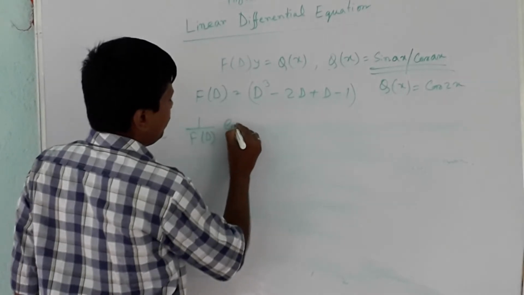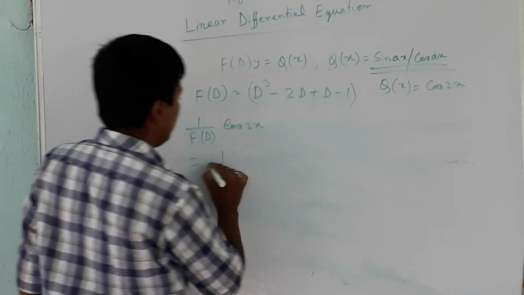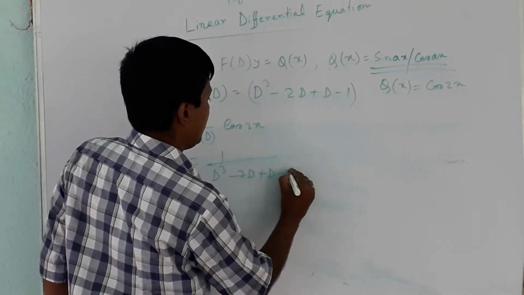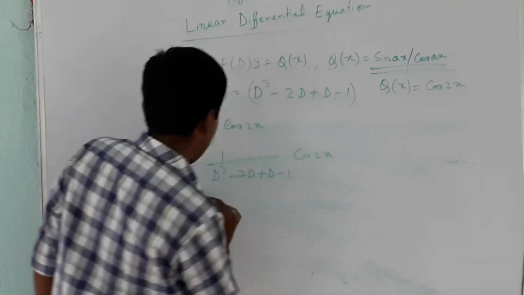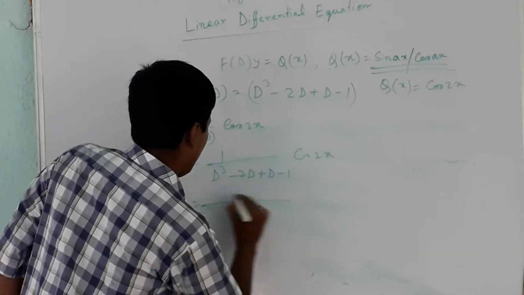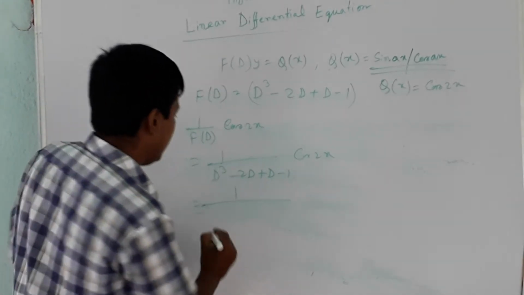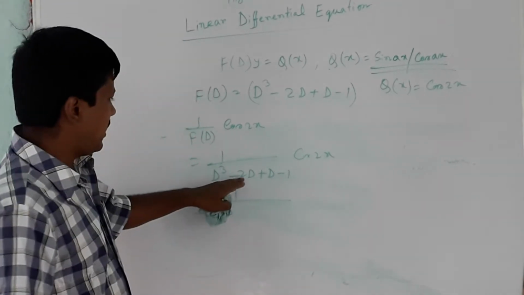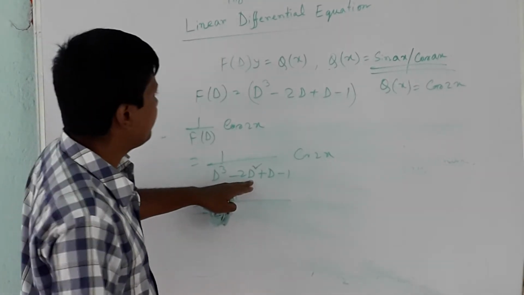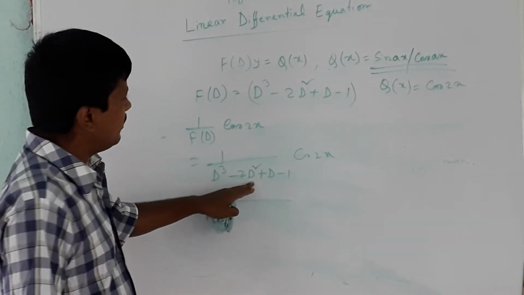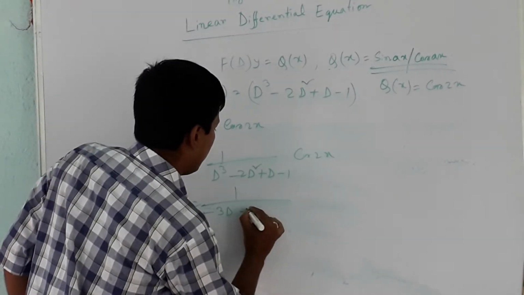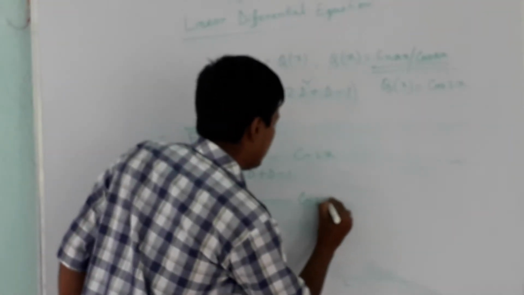So this is equal to 1 by (D cube minus 2D square plus D minus 1) of cos 2x. D square means minus 4, so we get 1 by minus 4D plus D, so minus 3D, and minus 2D square, minus 2 times minus 4 means plus 8, minus 1, so minus 1 plus 8 is plus 7, of cos 2x.